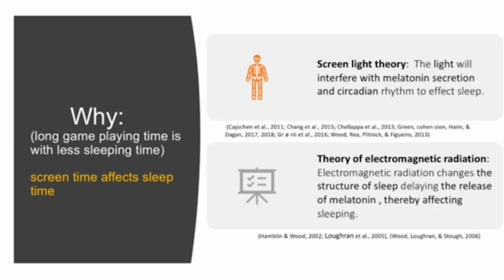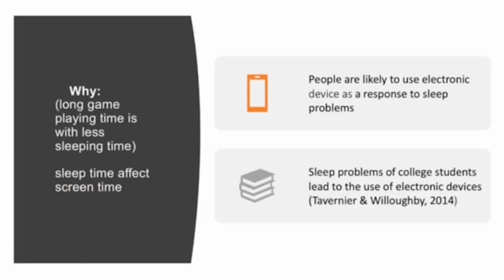In terms of melatonin, it can shorten the time of waking up and falling asleep and improve the quality of sleep. When it comes to the second reason why long game playing time is associated with less sleeping time, it teaches us that sleep time affects screen time.